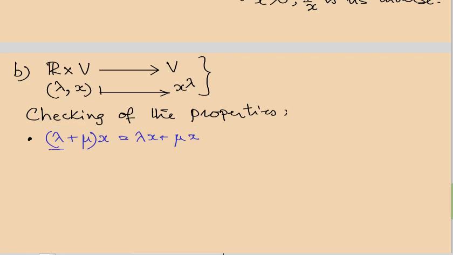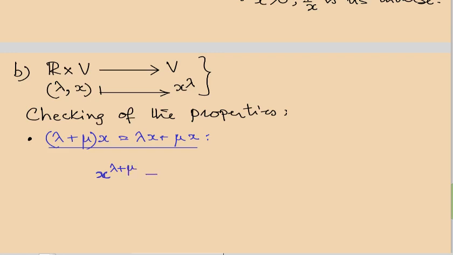Now, what does the left side mean? This is the scalar multiple of lambda plus mu with x. So it is, by my definition, x to the power lambda plus mu.